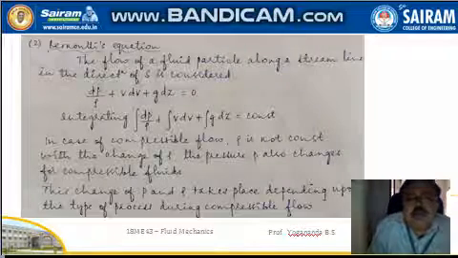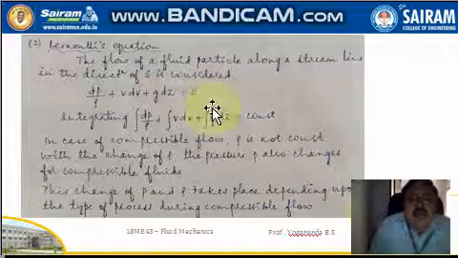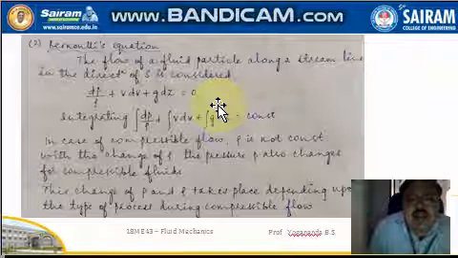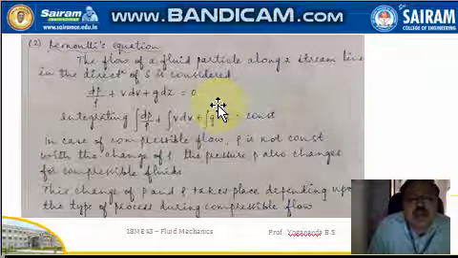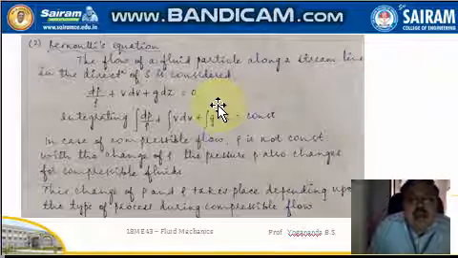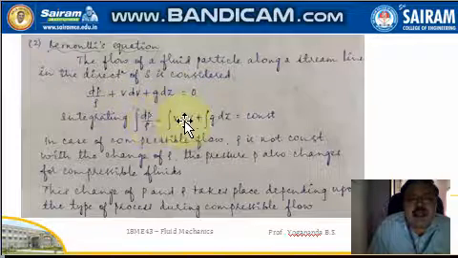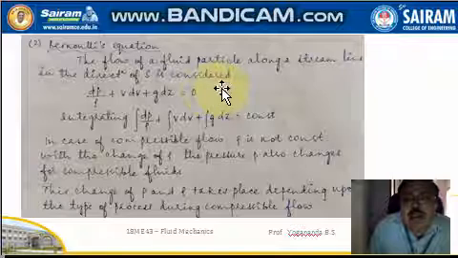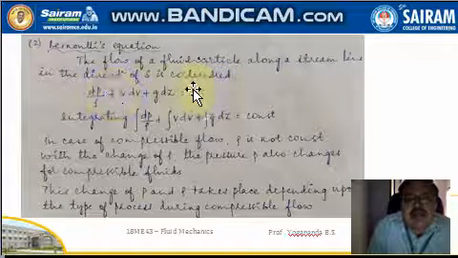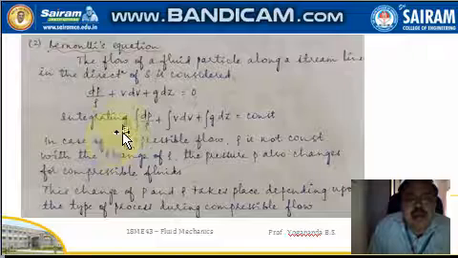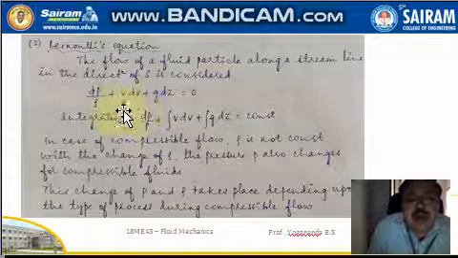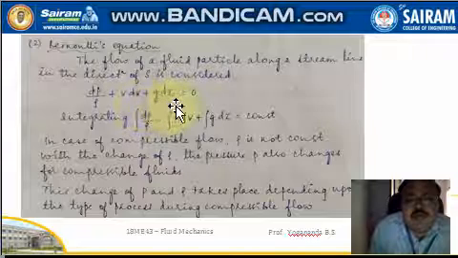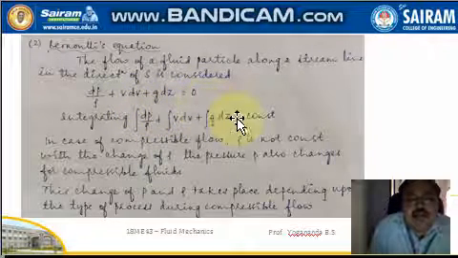Then we have Bernoulli's equation. We know Bernoulli's equation in fluid dynamics is the sum of the three heads, that is the pressure head plus kinetic head plus datum head, equal to a constant. The flow of a fluid particle along the streamline in the direction S is considered here to write the equation dP by rho plus VdV plus g dz is equal to 0.